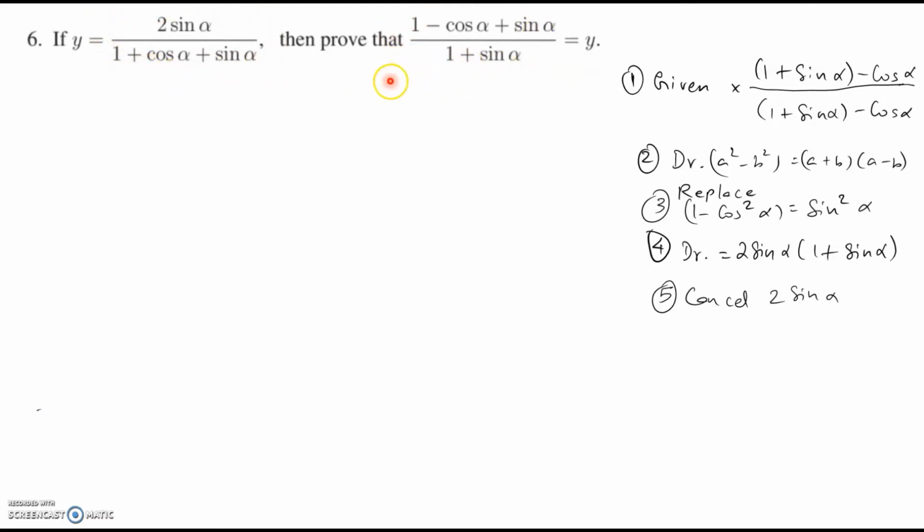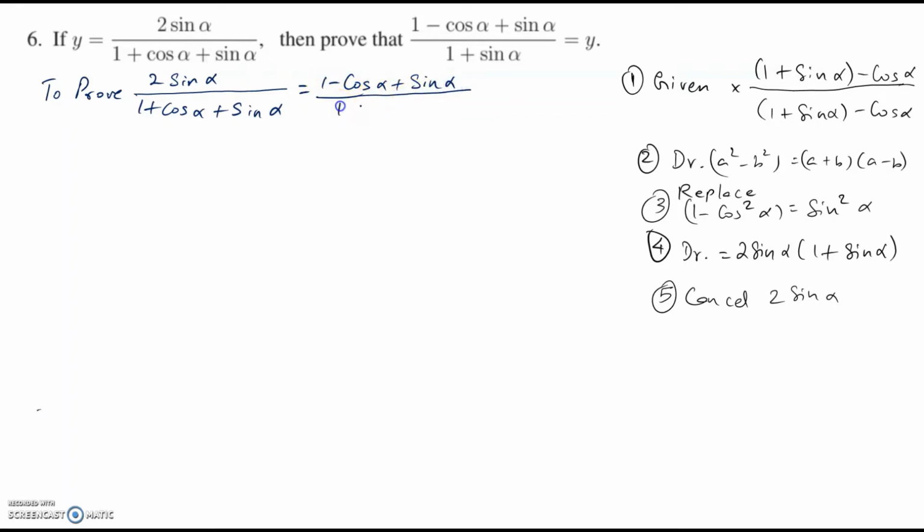So we can say, to prove: 2 sine alpha by 1 plus cos alpha plus sine alpha, which is our term here, equals this term here, which is 1 minus cos alpha plus sine alpha divided by 1 plus sine alpha.